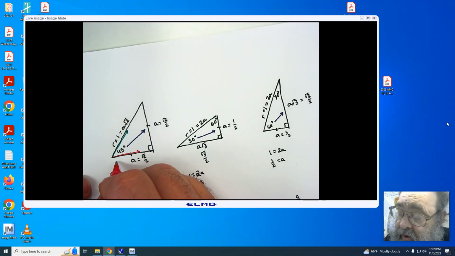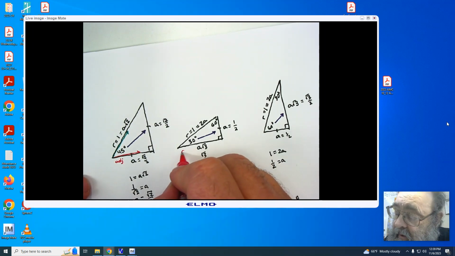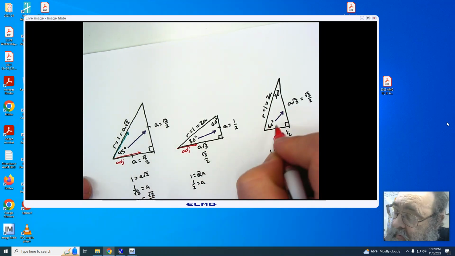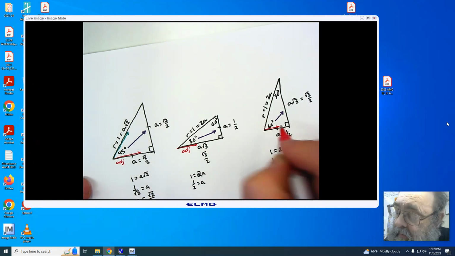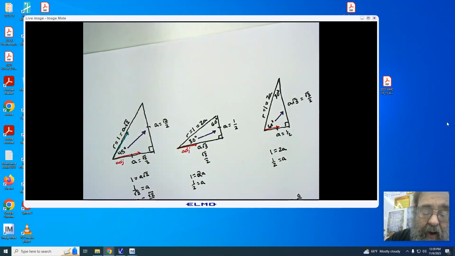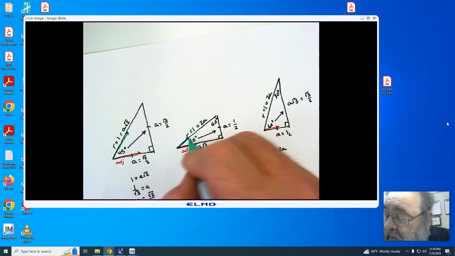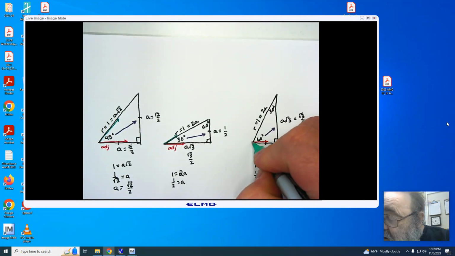So this is the adjacent. So notice the adjacent is simply that same side. In each case, it's that horizontal going across. And the hypotenuse is always now opposite the right angle, and it is the longer side.